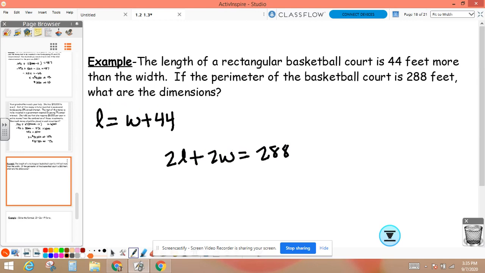We can replace our L with W plus 44. I just replaced the wrong one, I realized that. Start over. Replace the L with W plus 44, and then solve.